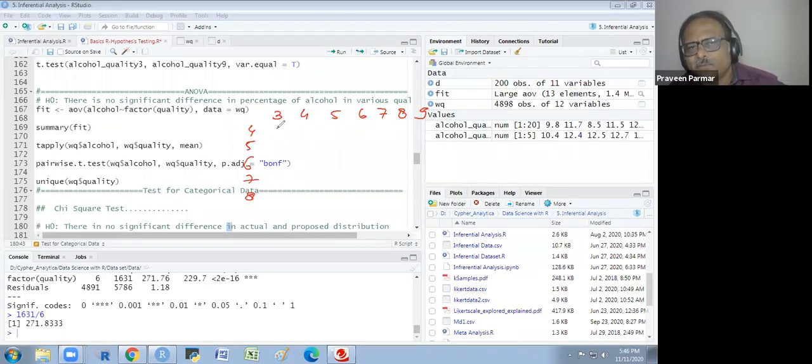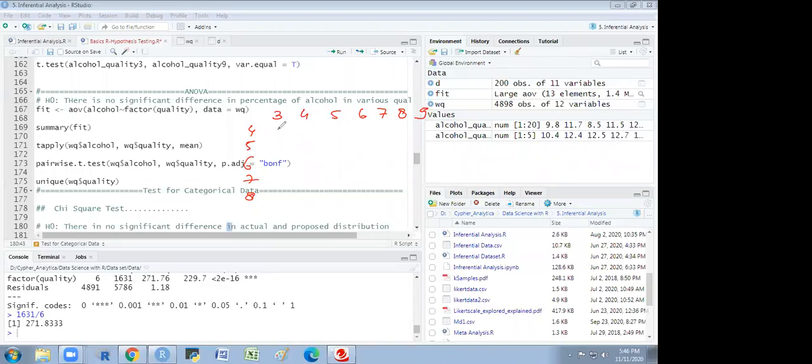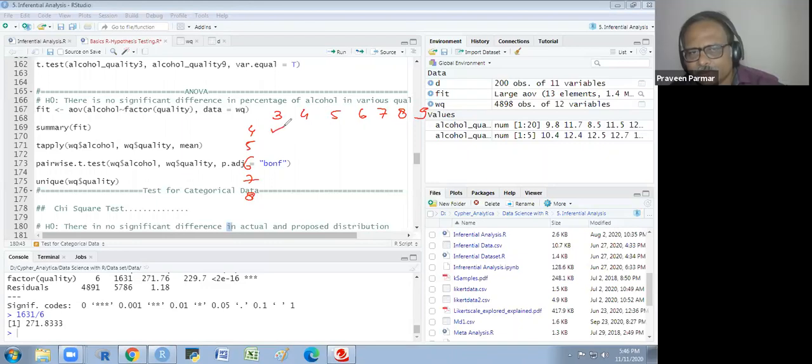So between 3 and 4, if there is a significant difference, I put a tick for significant difference and a cross for not significant difference. The 4 and 4 will not be compared by itself. And there is a significant difference.